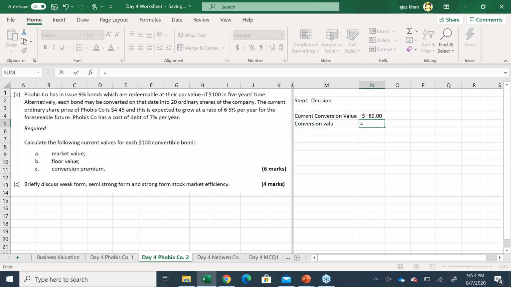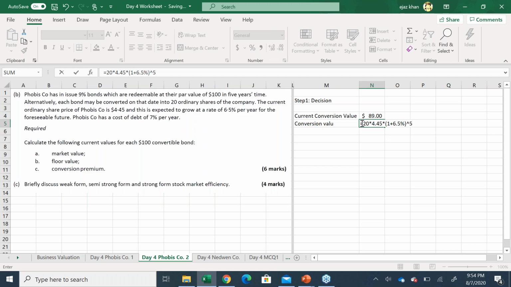So 20 shares into 4.45 into 1 plus 6.5%, the rate at which the share price is expected to grow, raised to the power 5.